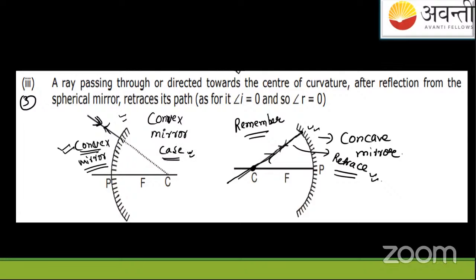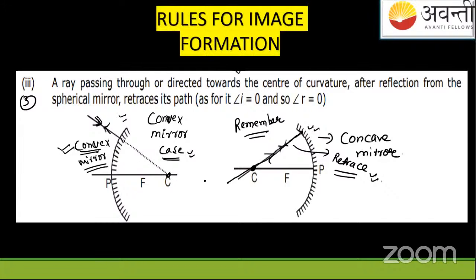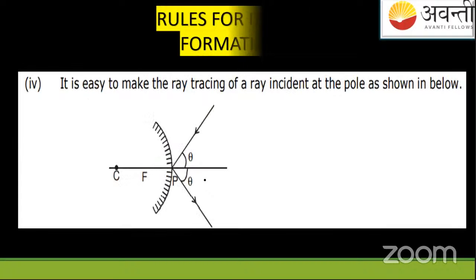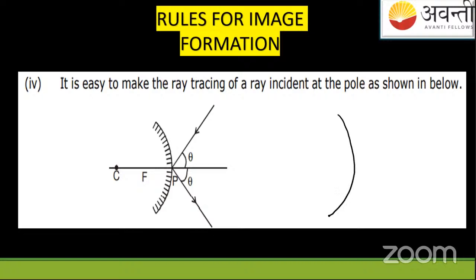If a ray goes toward this convex mirror, appearing to pass through the center of curvature, it will retrace its path again. The main thing is the center of curvature. Now this fourth point: suppose you have a concave mirror.